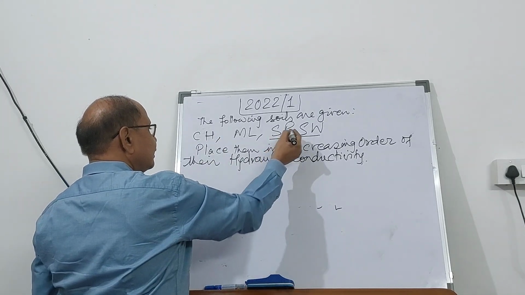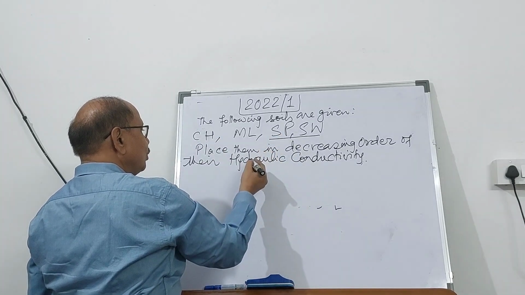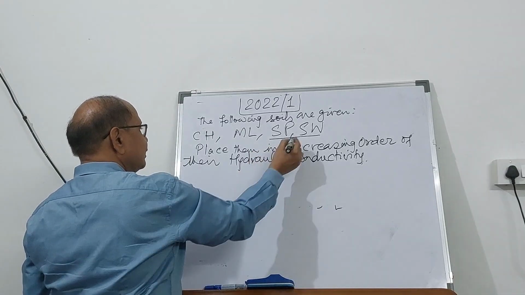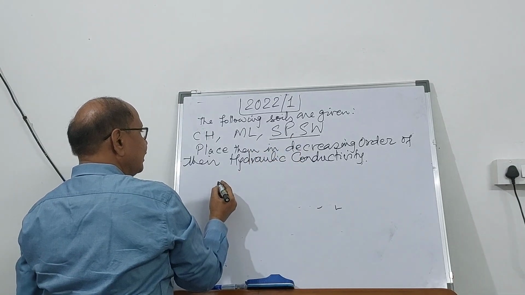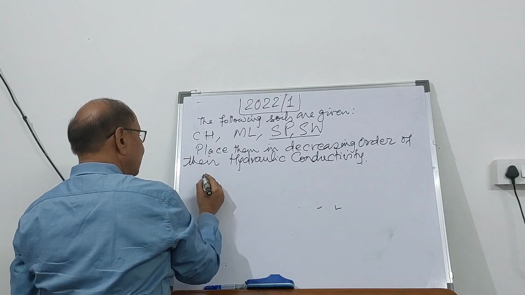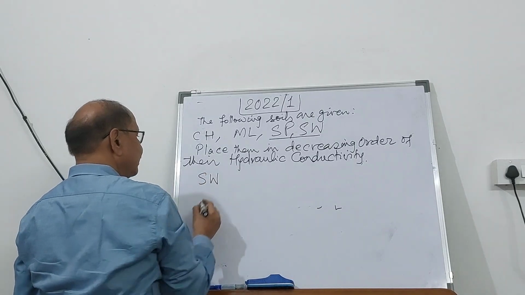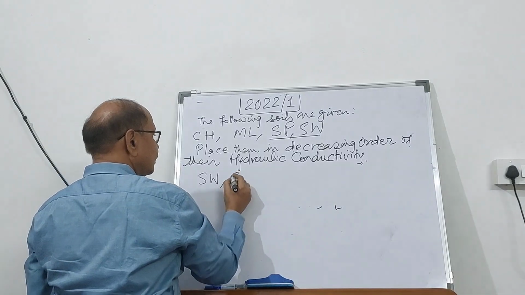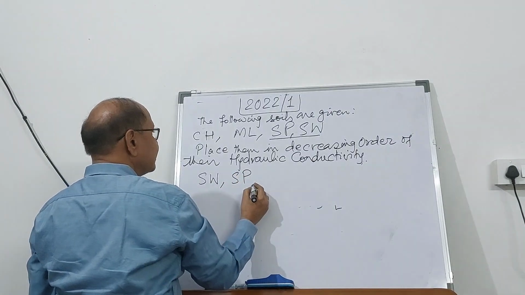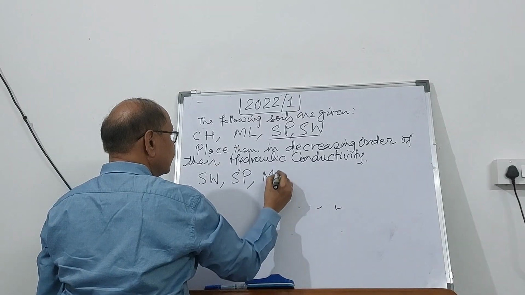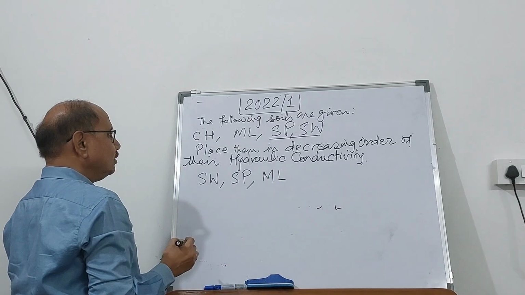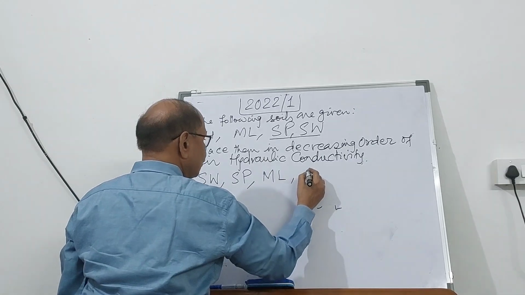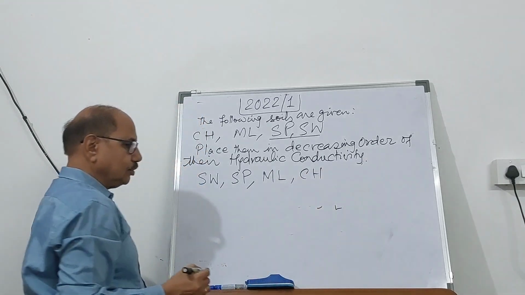So here, if you want to put them in decreasing order, the hydraulic conductivity for well graded sand is the highest, followed by poorly graded sand, followed by ML, and the last one will be CH.